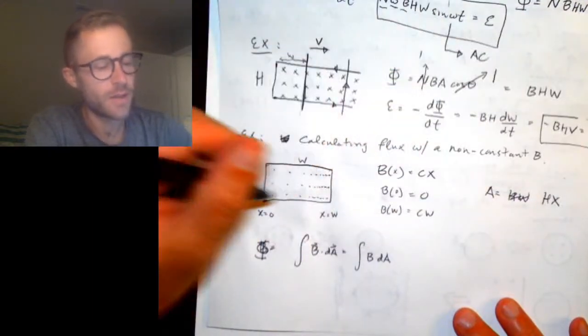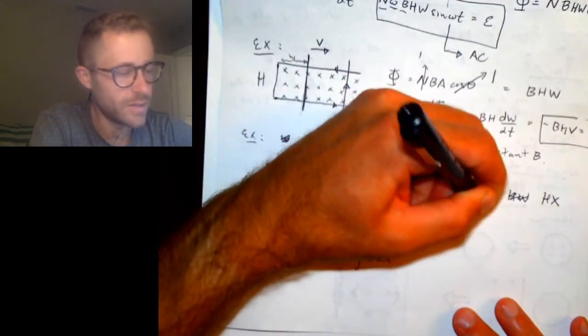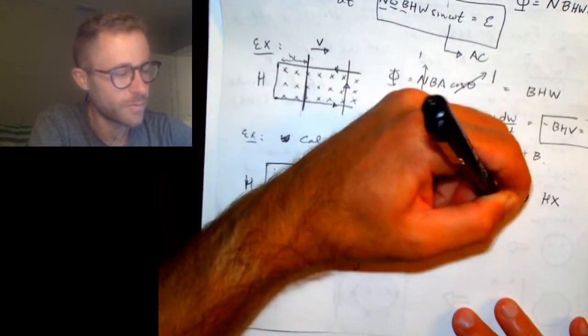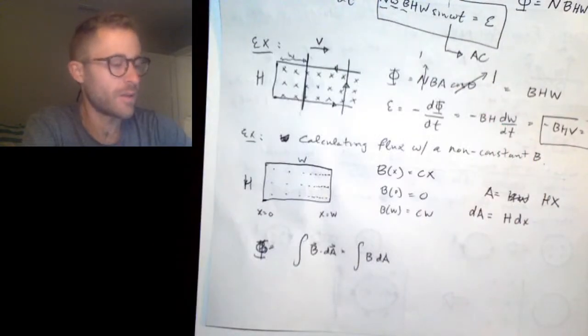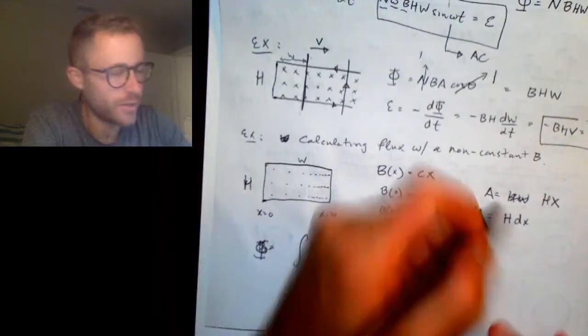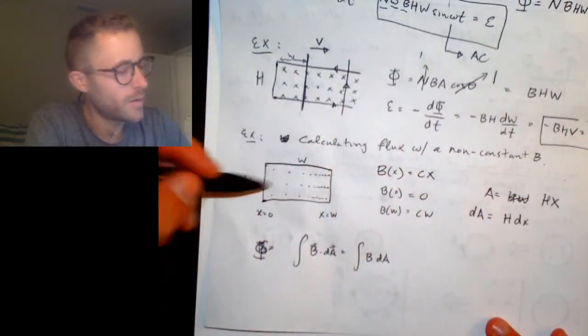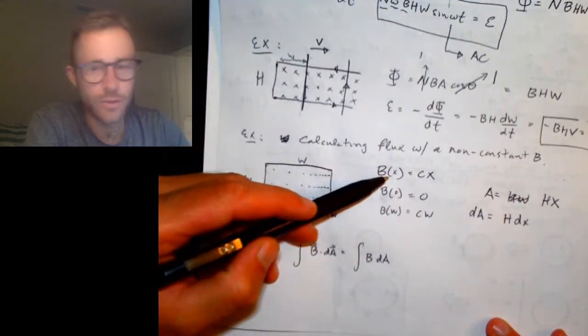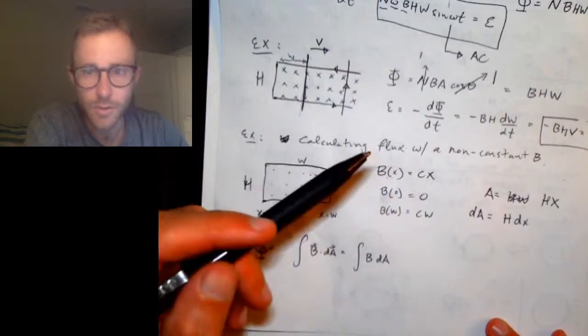Taking the derivative of that, we get dA equals H dx. So why did I not take the derivative of H? Because the magnetic field does not depend on H. It depends on x only.